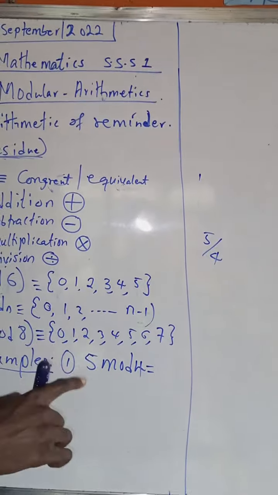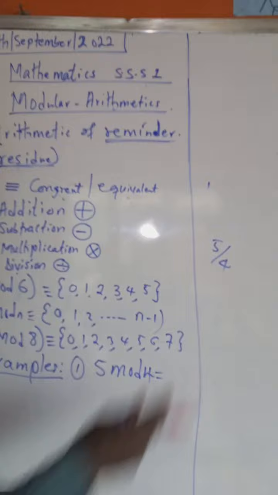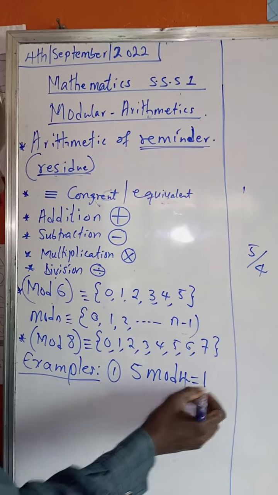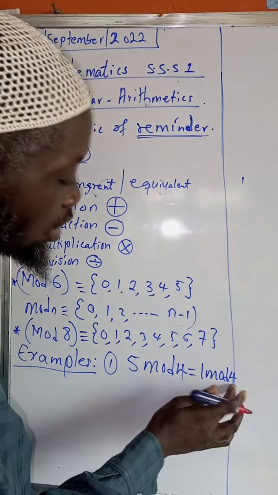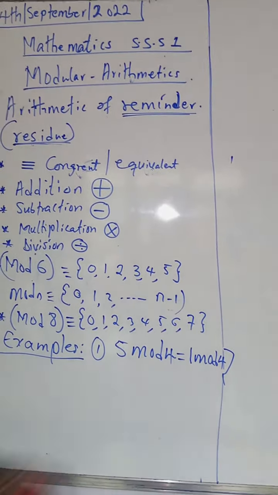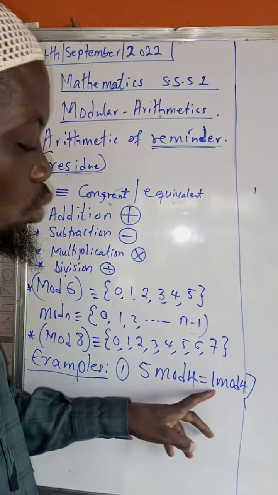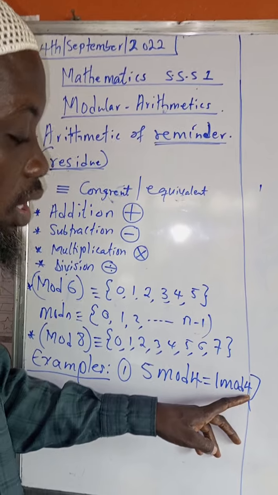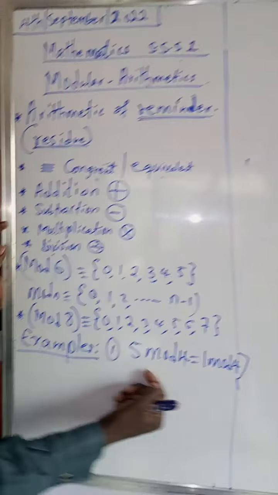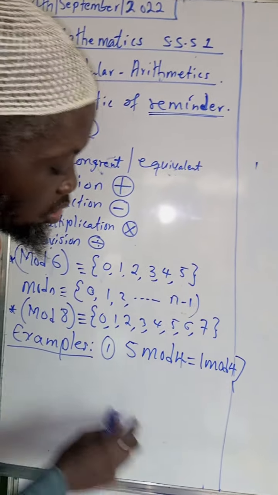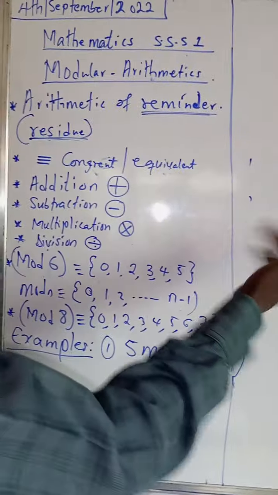But what will remain is our target. It will actually remain 1, modulo 4. So if someone tells me 1 modulo 4, I know that if I add 1 to 4, it will give me 5. If I want to return from here to here, I just add this one to this one.